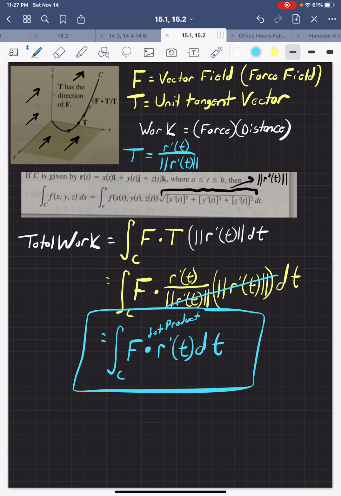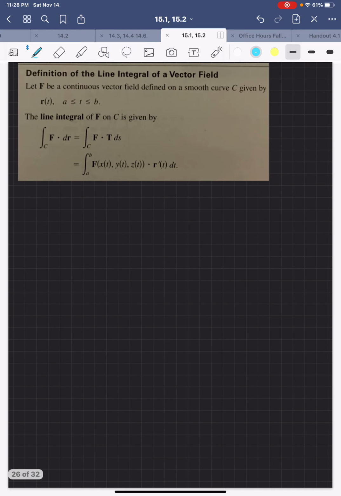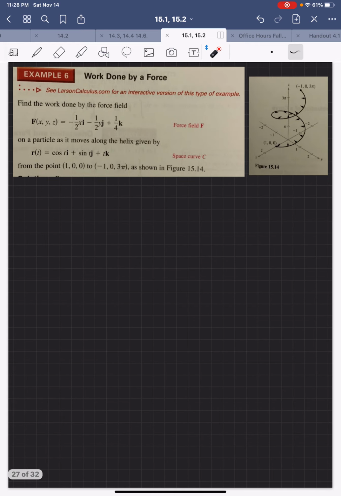Okay. So that is what is produced for you here. I just wanted you to see where it came from so that you're not just accepting another math formula to add to your collection of math formulas. So let's jump into a question.